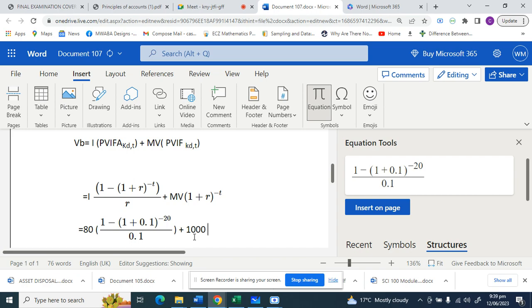Open brackets 1 plus 0.1, that is the 10%, to the power negative 20.